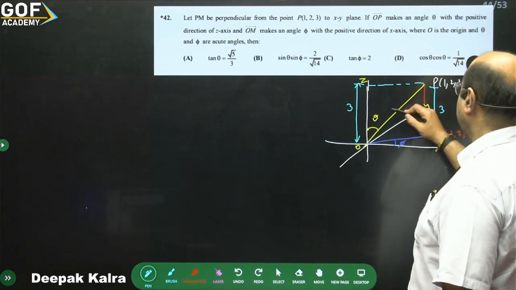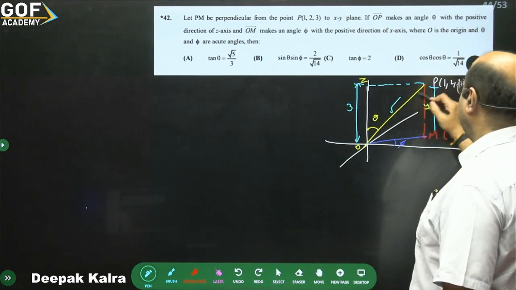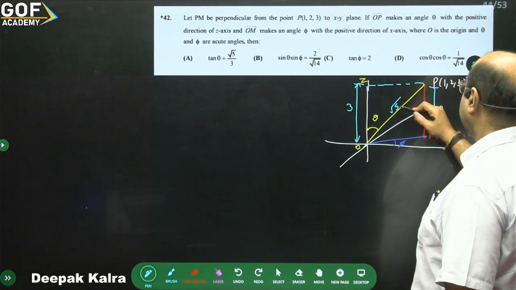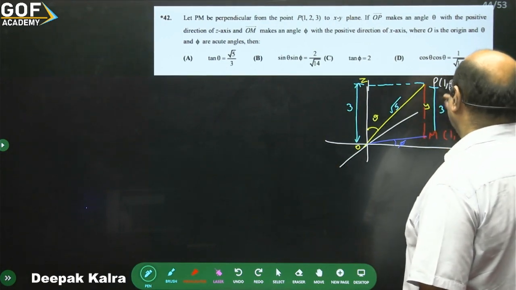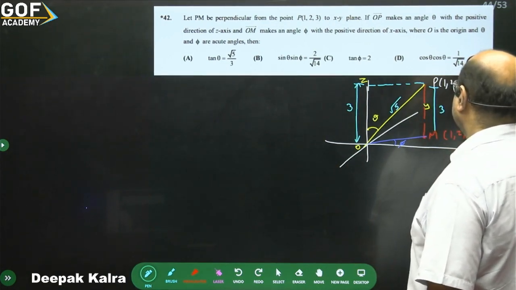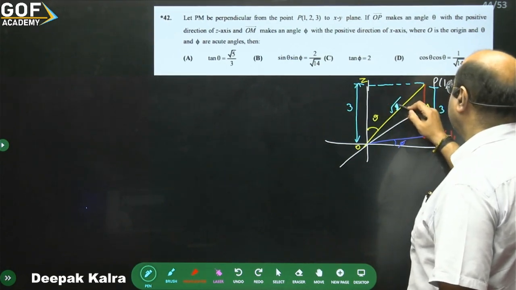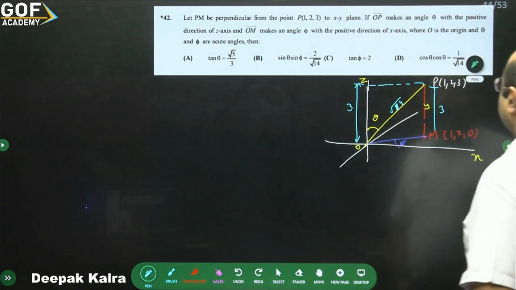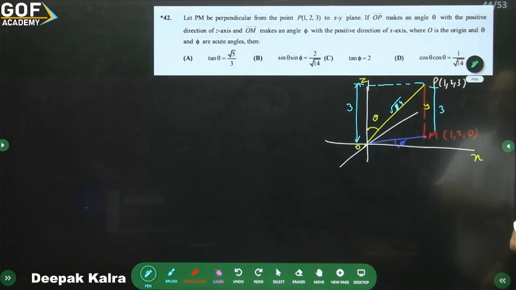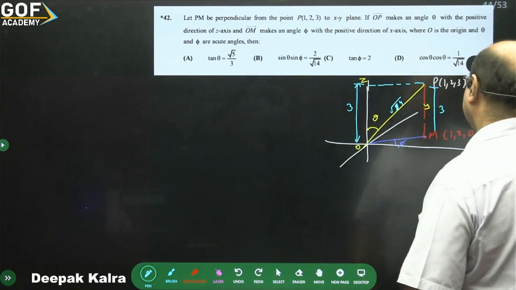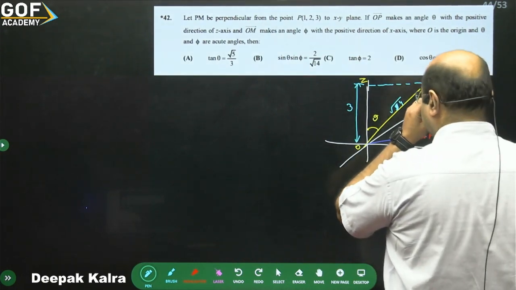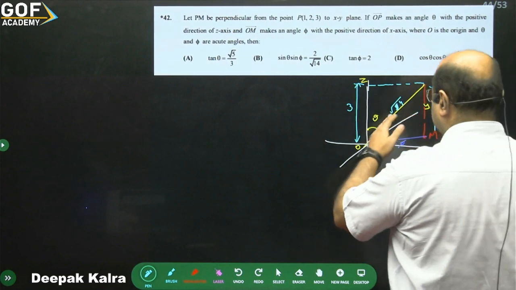Let us suppose OP value you can calculate now. Root 5. 9 plus 5, root 14. So root 14 is over here, and this is theta.